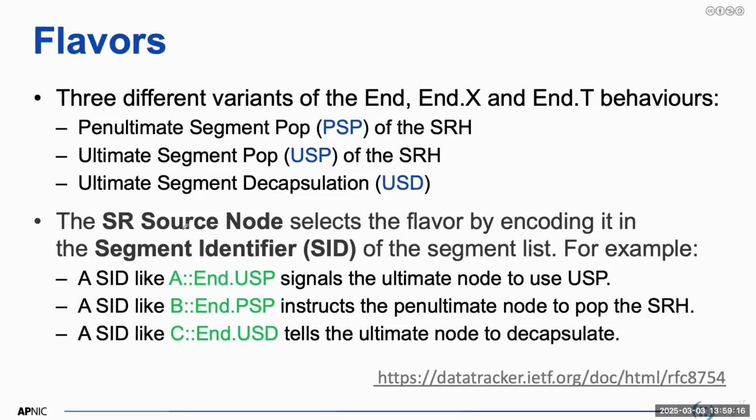It signals and sends that information when it is sending the list of segments. Here you can see we have written in a plain form, address A and End.USP. When it creates the list of segments, R1 will send to R5 that it needs End.USP or End.USD to be processed for this packet.